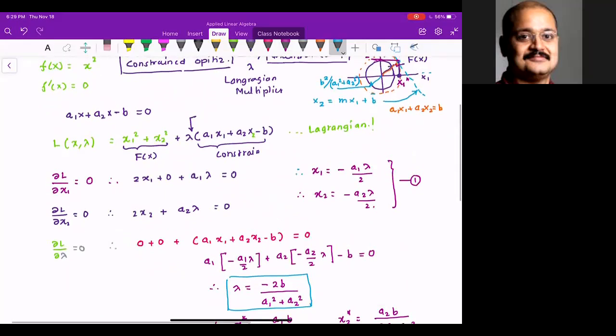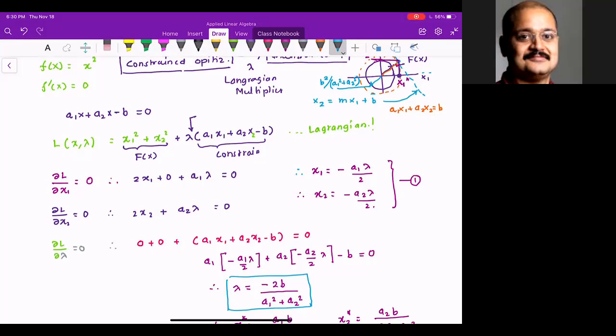So the radius of the circle is b square divided by a1 square plus a2 square, but the equation for lambda is minus 2b divided by a1 square plus a2 square.